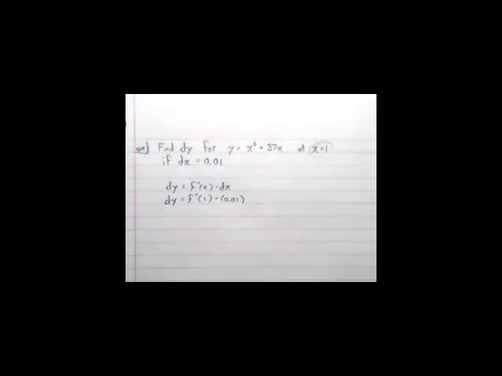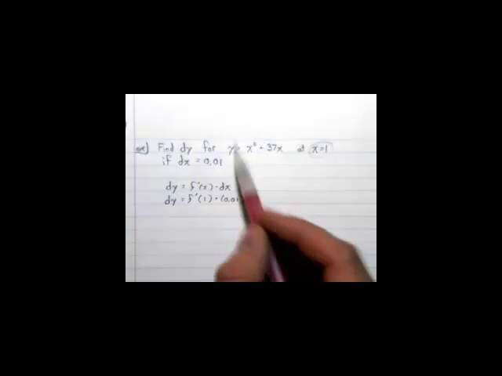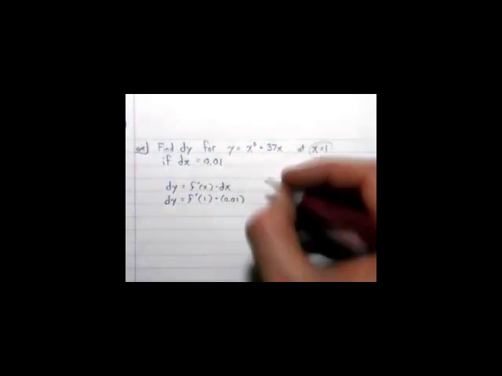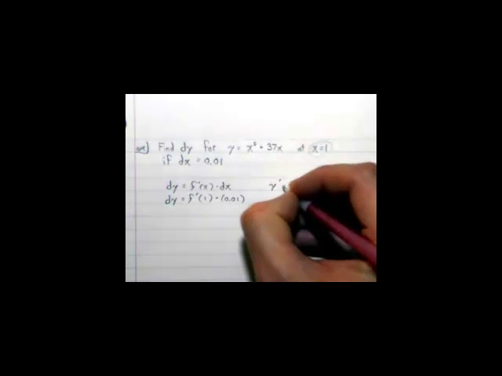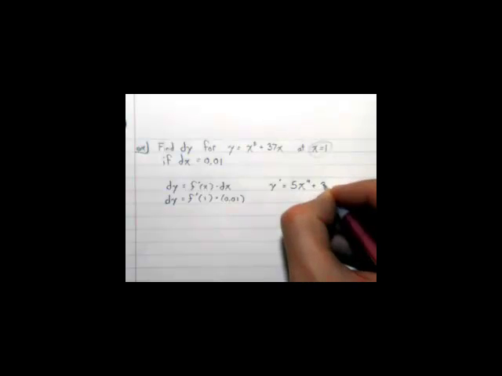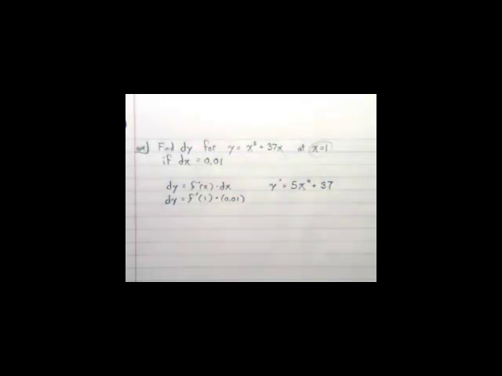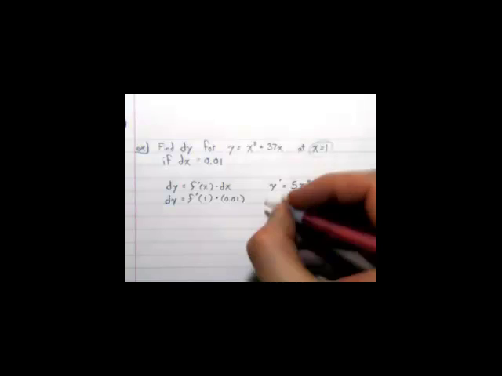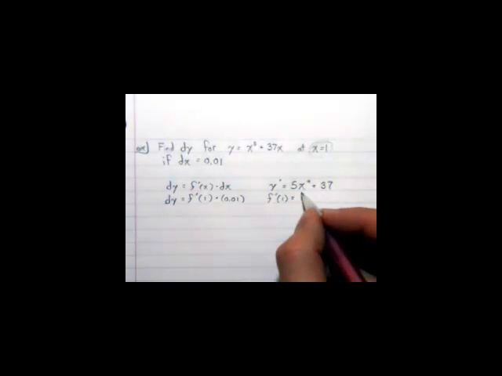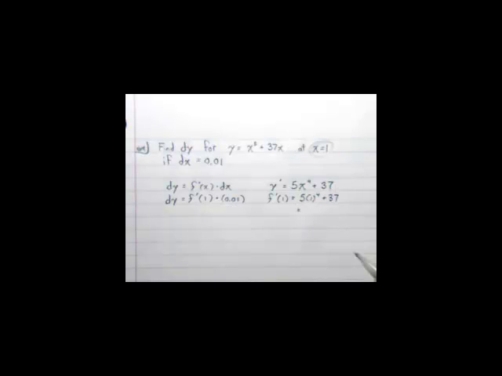All right, so for this function I have to do its derivative if I'm going to use f prime of 1 in here. So y prime is 5x to the fourth plus 37. If that's my derivative, then f prime of 1 would be 5 times 1 to the fourth plus 37, which is actually 42. Oops, not 5, 4.